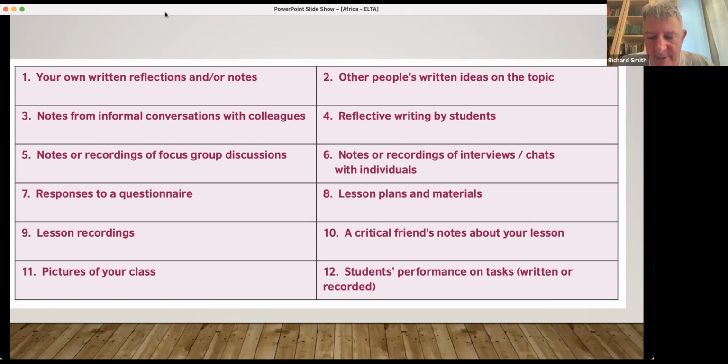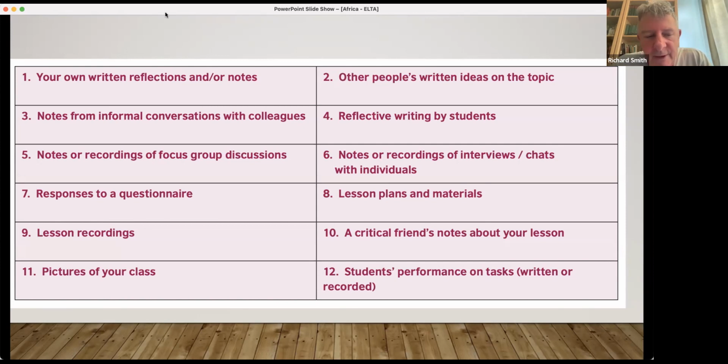It could be in their own language, or it could be in English. And I think sometimes that's even better than a questionnaire, because you can get lots of different opinions from students, and it doesn't take so much time for a teacher.